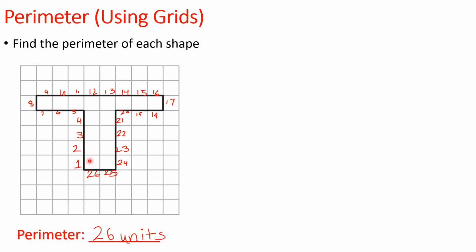So this is 1, then 2, then 3, then 4, then 5, then 6, then 7, 8, 9, 10, 11, 12, 13, 14, 15, 16, 17, 18, 19, 20, 21, 22, 23, 24, 25, and 26. So the answer is 26 units.